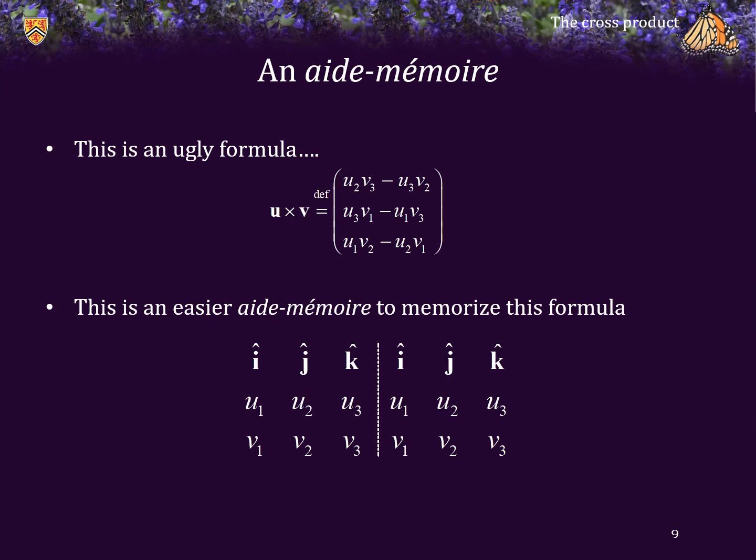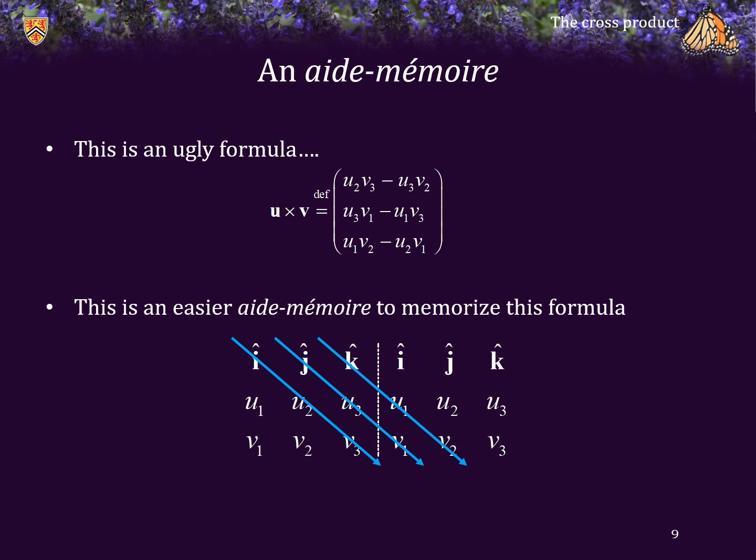What we're going to do is calculate the product of those three entries. So we have u2 times v3 times the first canonical basis vector. We will then multiply the second canonical basis vector times u3 times v1, and the third canonical basis vector times u1 times v2.